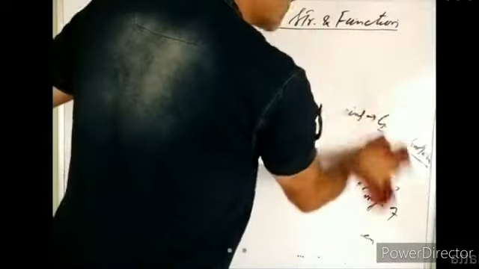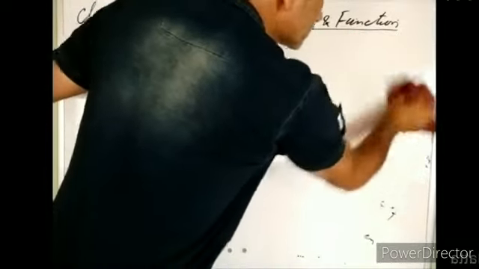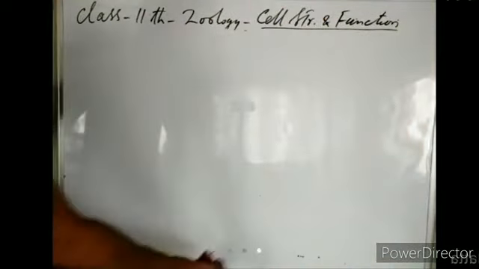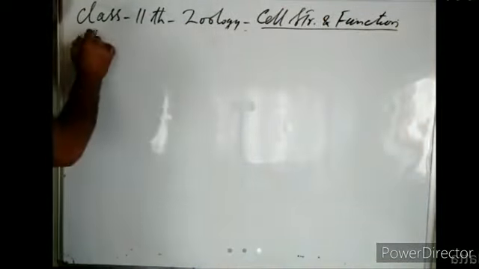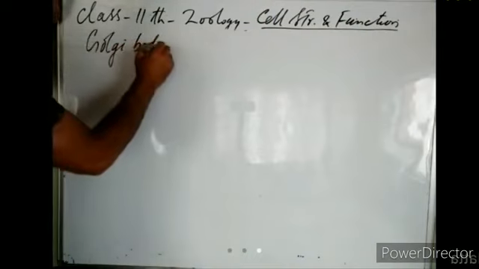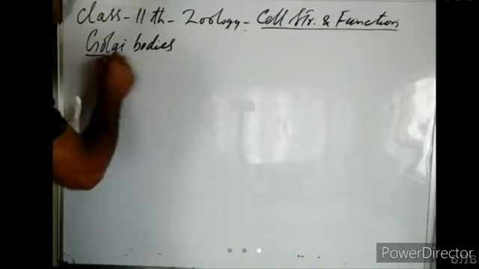Now, after endoplasmic reticulum, we are going to discuss another cell organelle, that is Golgi bodies. What are these Golgi bodies commonly known as?